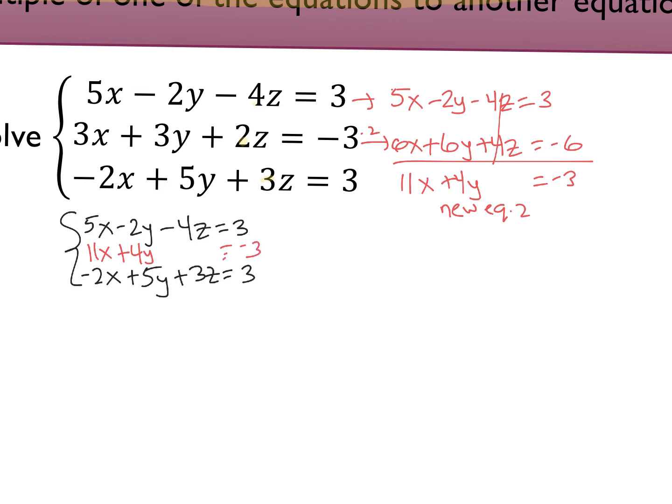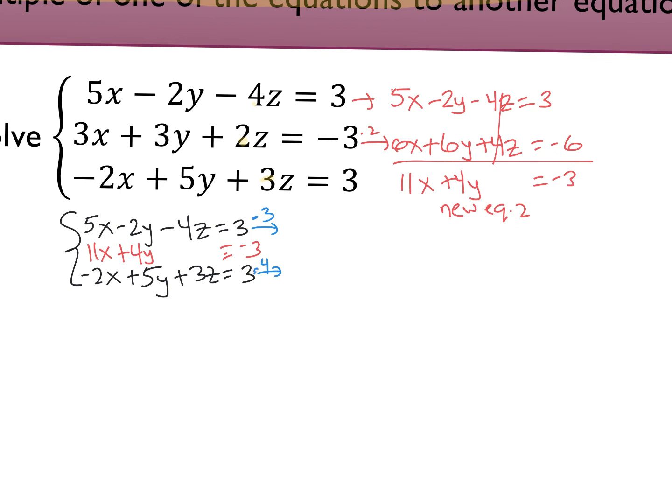If I got rid of z in equation 2, I also have to get rid of z in equation 3. I have to be consistent. The common multiple of 4 and 3 is 12, so we'll multiply equation 1 by 3 and equation 3 by 4.